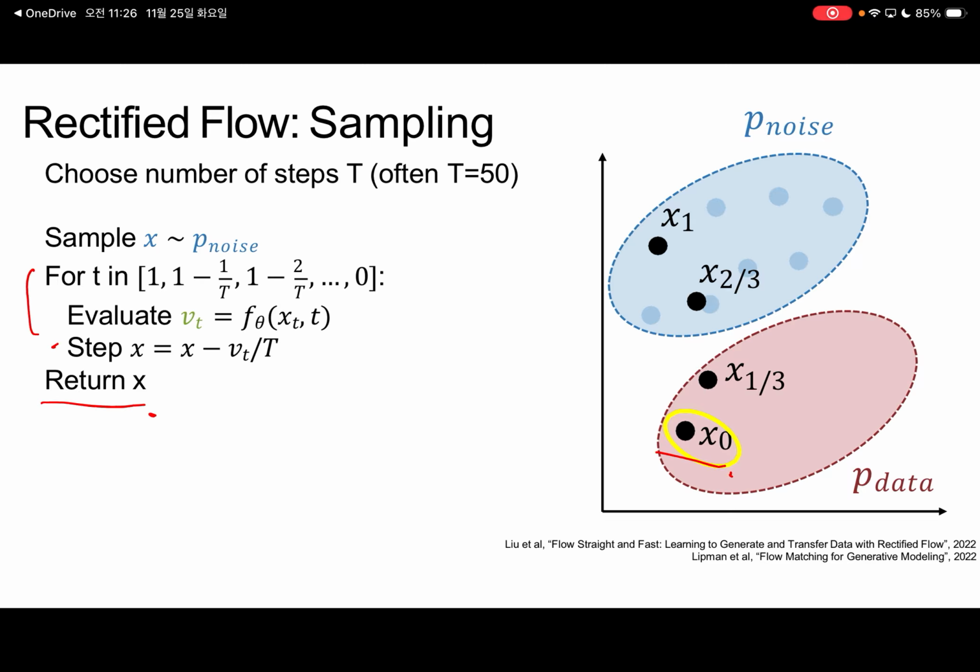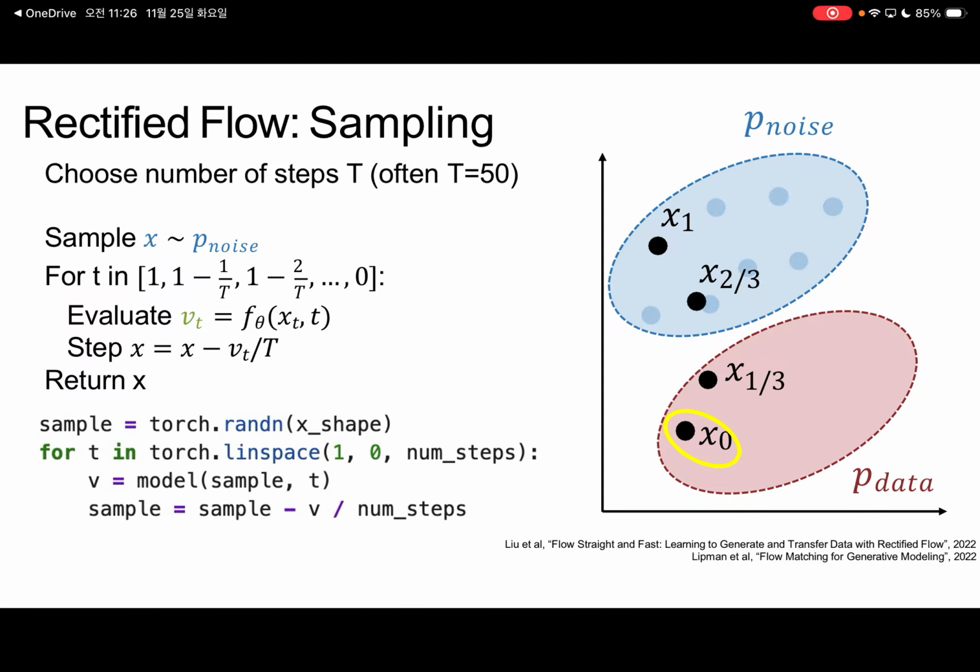So here, the iterative, progressive sampling happens. We set a hyperparameter t, often set to 50, and then we include the estimated vector a little bit at a time, in a progressive manner. And for sampling, as I introduced, we start with x0, randomly sampled from a normal Gaussian distribution.